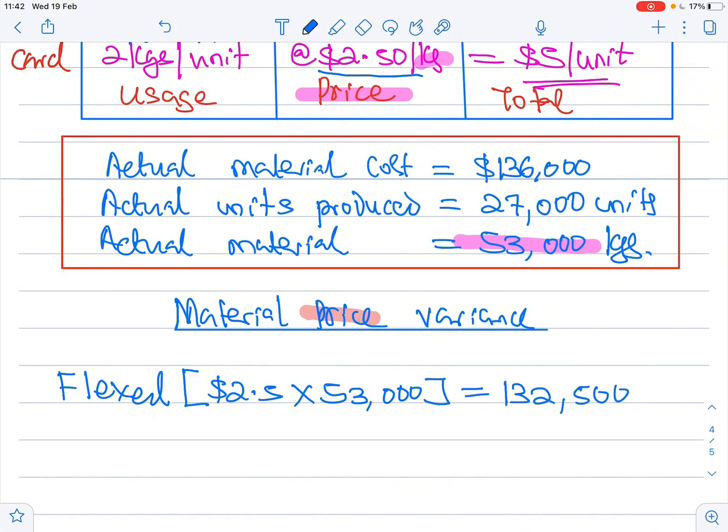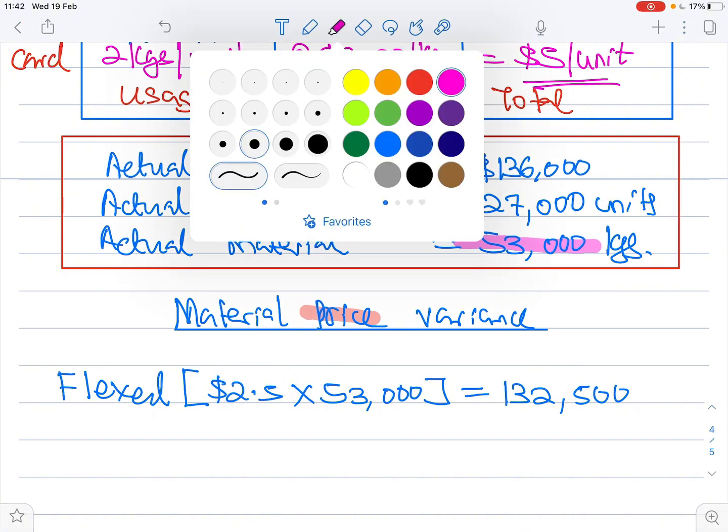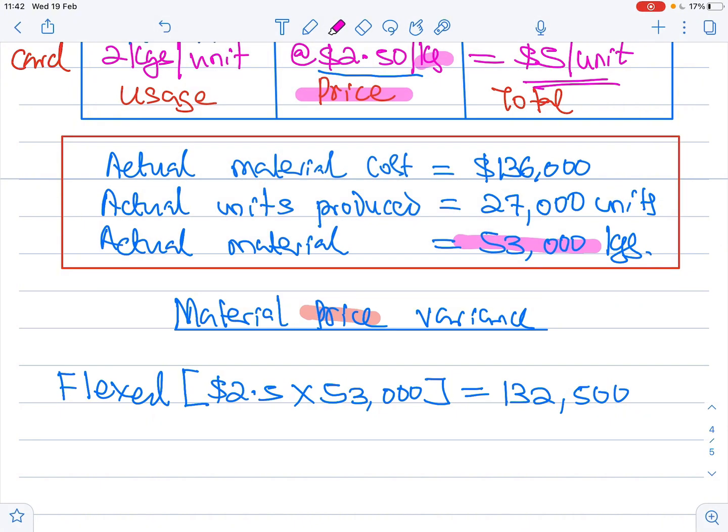So the 53,000 kgs should cost us $132,500. This is another area where some students could have an issue. So please come in. You have dollars, so that means this is going to be in dollars.